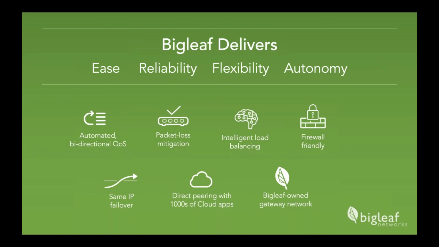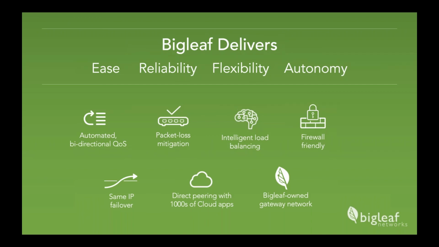We're going to leverage your existing security policies and firewalls, so you don't need to make any changes there. Automated bidirectional QoS and same IP failover. And then, maybe one of the more undervalued benefits of Bigleaf is our 24/7, 365 support team. They're all US based, and they're all full-time Bigleaf employees that are happy to do cross-vendor troubleshooting.